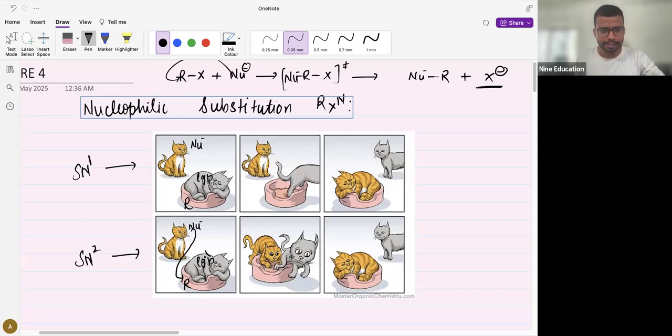तो यहाँ पर let's say this nucleophile is X, the leaving group is X, RX. देखें, RX, है ना.